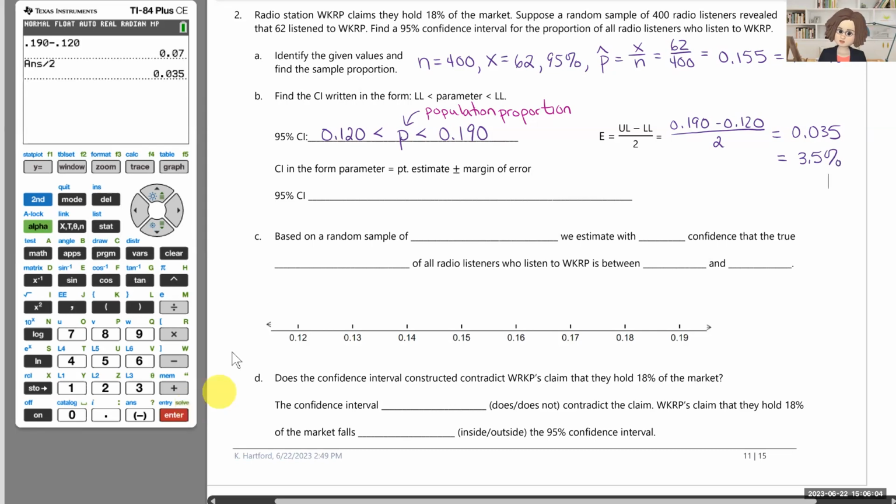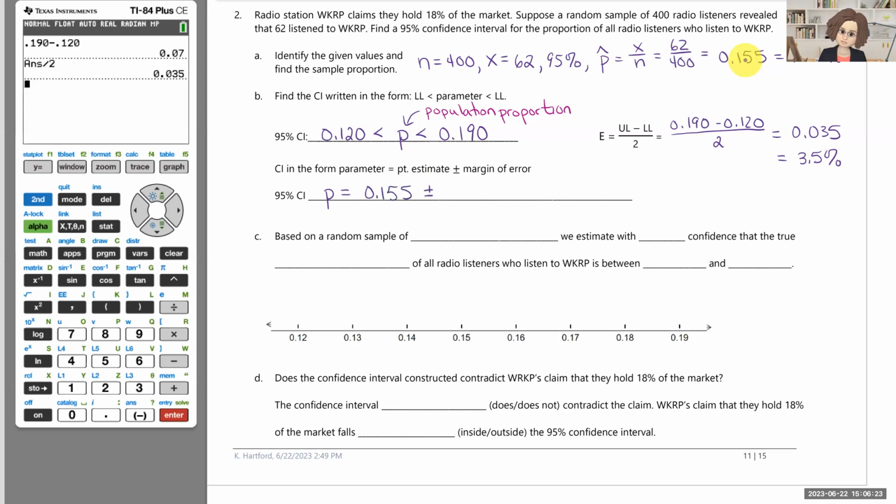Okay, so we could have also, rather than writing it in that form, we could have said that we believe the population proportion is, so our point estimate was 0.155. I'll write this in decimal, 0.155, and then plus or minus our margin of error in decimal, 0.035.